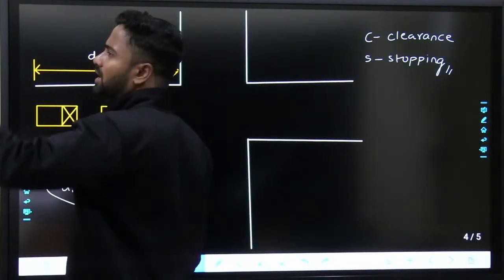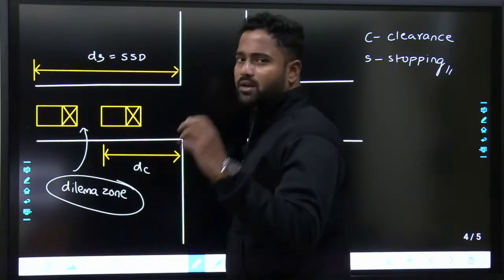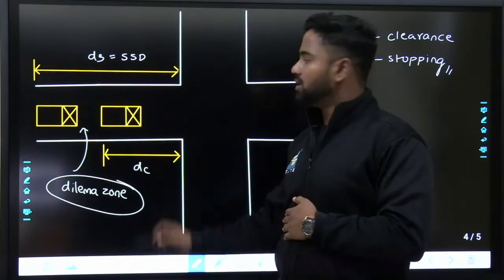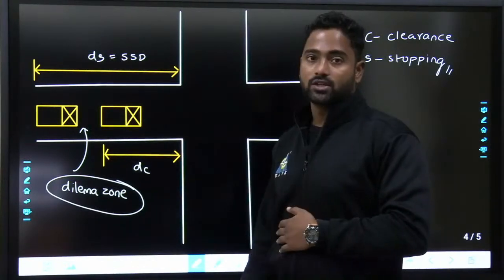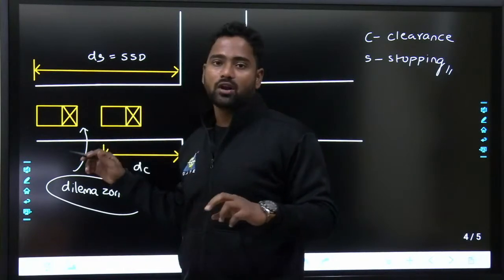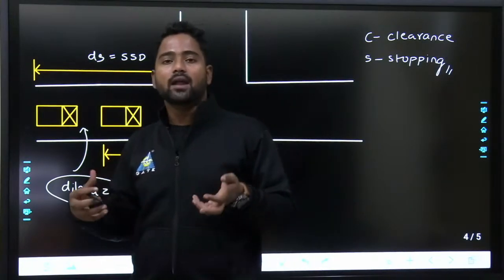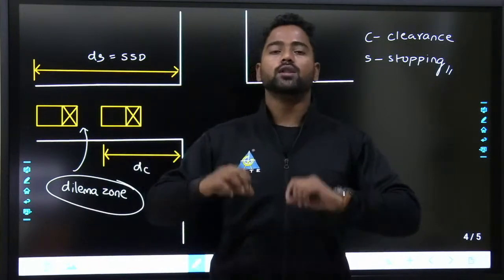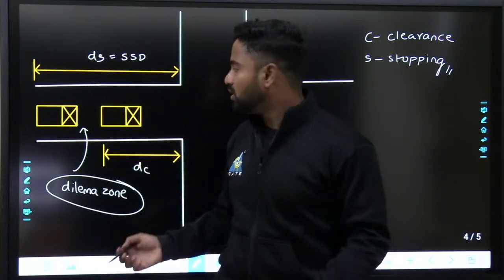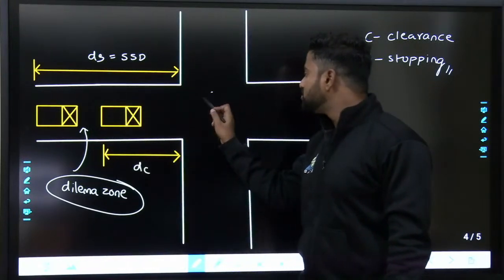Like, you know, he has seen that the color has changed to amber, and then he has to apply the brakes so that he'll come and stop before the intersection. This zone between DC and DS is called as dilemma zone. Our main idea is to avoid this dilemma zone. Why? Because if he is in dilemma, then he'll just go and he'll get stuck in the intersection.